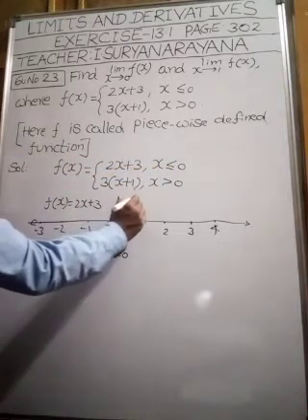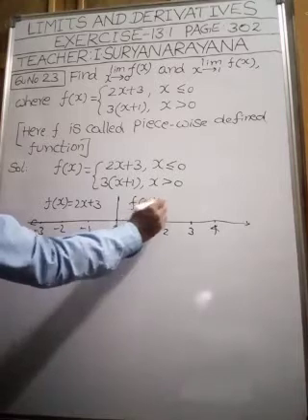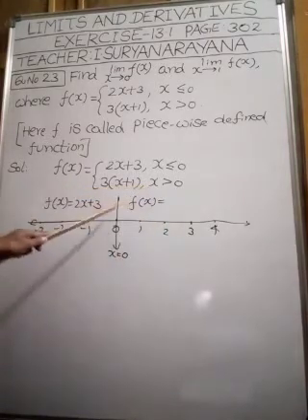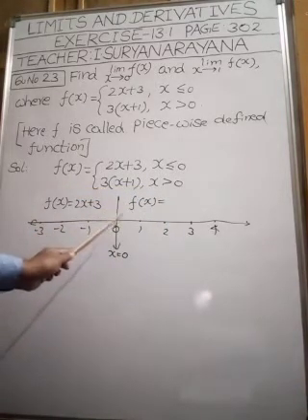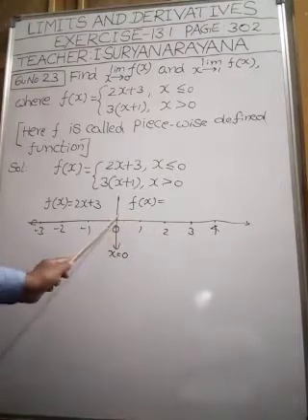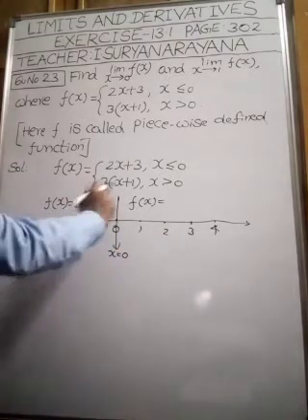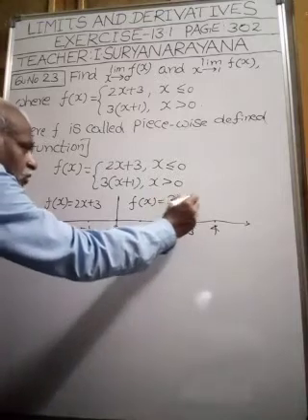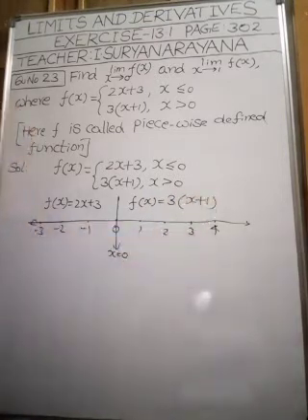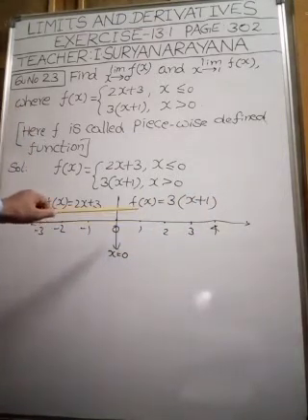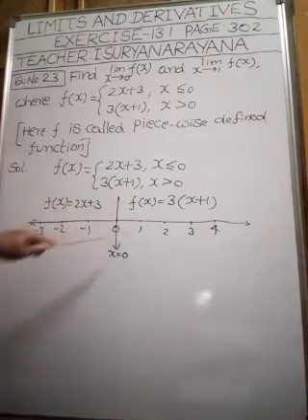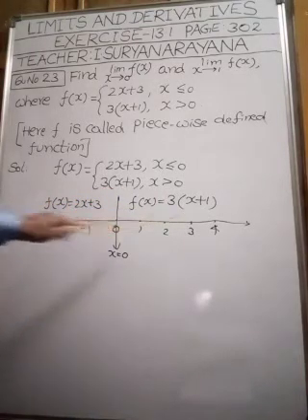Right. Now if x is greater than 0, the values of x are more than 0, then f of x is defined as 3x plus 1. Understood this diagram, my children? Understood this figure? I have drawn a number line.